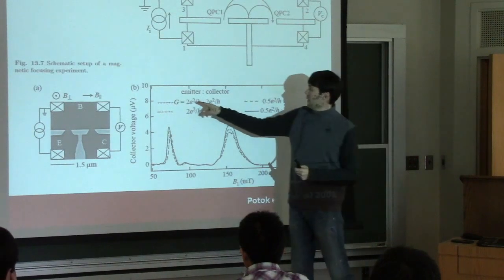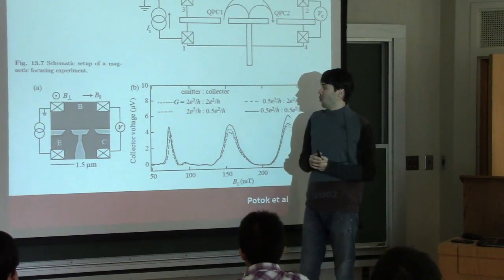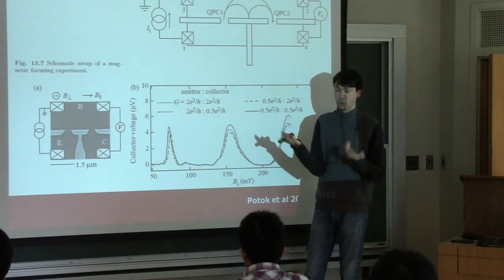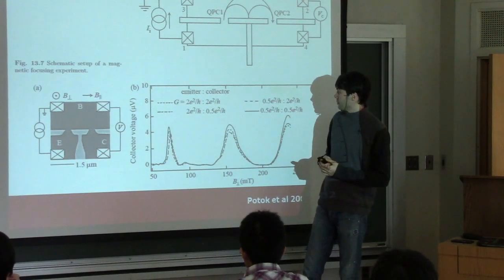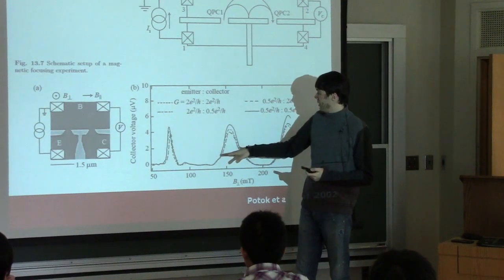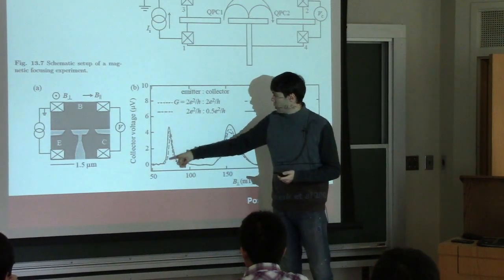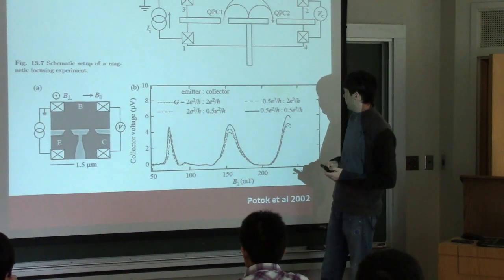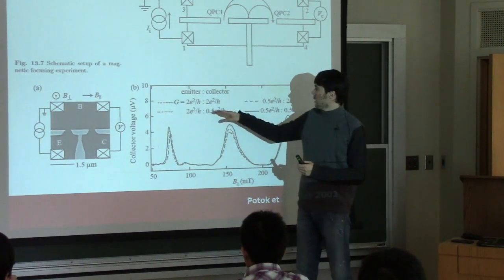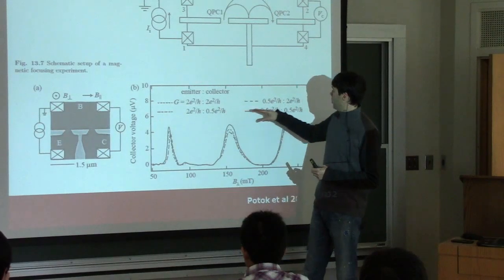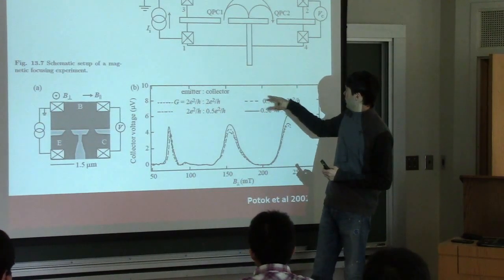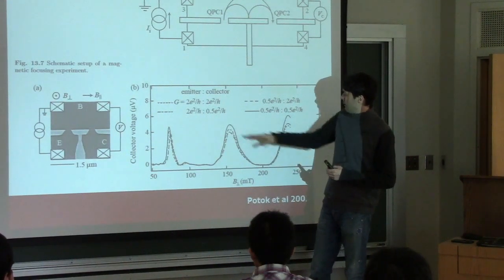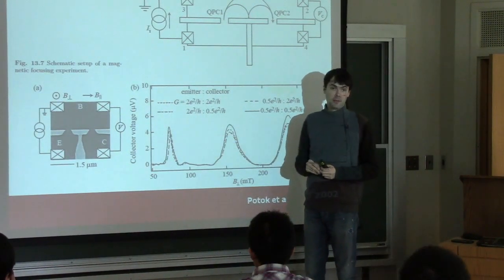So when both quantum point contacts are open to 2e squared over h, means both spins can go up and down, that means that we get a baseline curve, which is a dashed line, which is a little bit low here. Now, when we polarize one of them, so these correspond to these 0.5s, then the level of the signal changes.